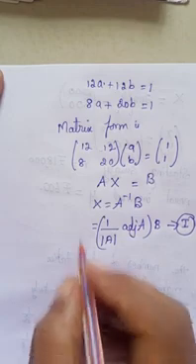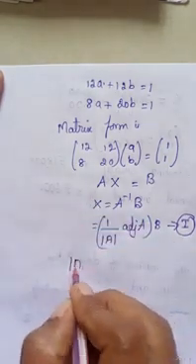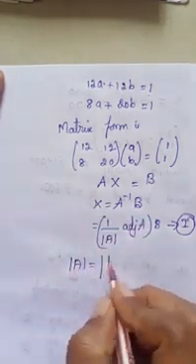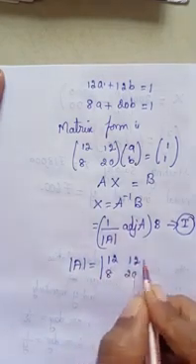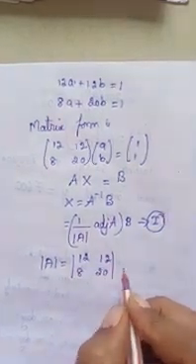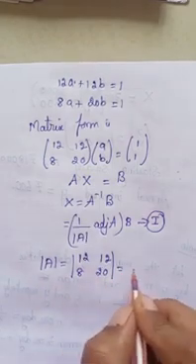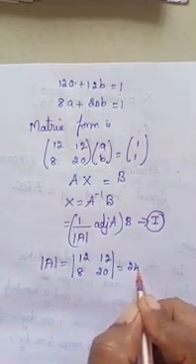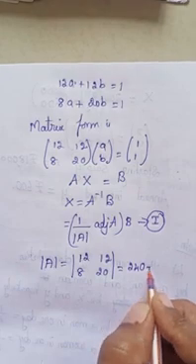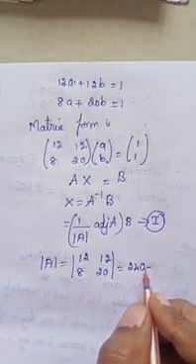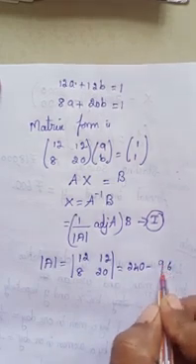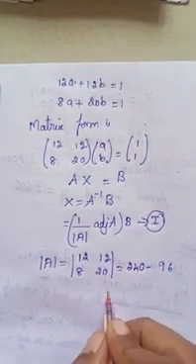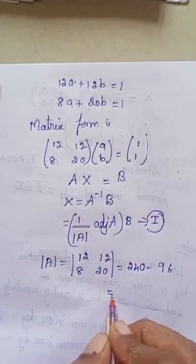Okay, now shall we find it out? So determinant A, that is determinant 12, 12, 8, 20 is equal to 12 into 20, that's 240 minus 8 into 12, 96.